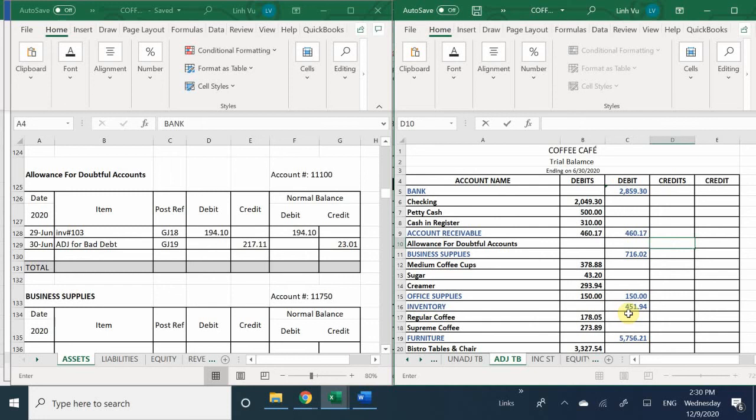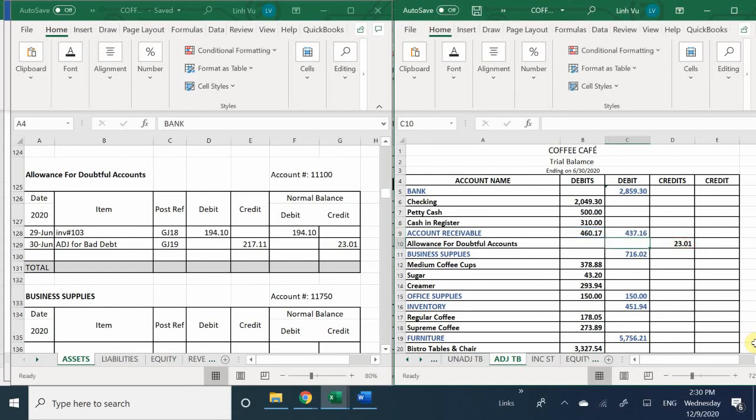It is for $23.01. Okay, so now you have to actually adjust this one because now that they're not on the same side, you need to add and subtract this credit. So you're going to add this and then subtract your credit because it's going to reduce it. This minus this is 437.16.